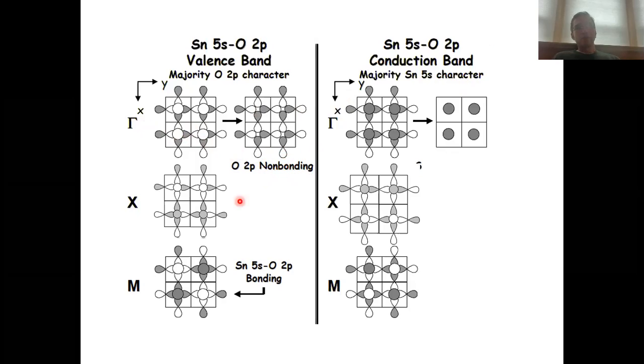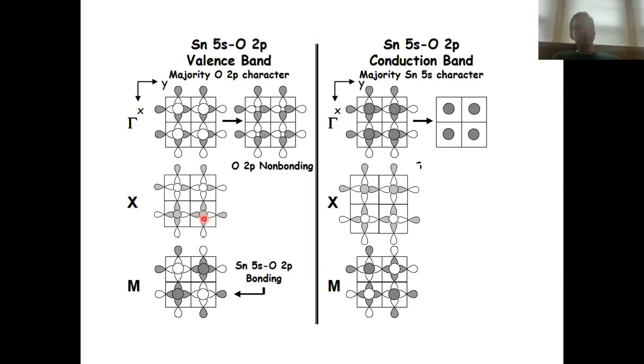That is also at the point chi, the crystal orbitals are somewhat bonding, and at the point m, the crystal orbitals are bonding for those that have majority oxygen 2p character, and completely anti-bonding for those that have primarily a tin character.